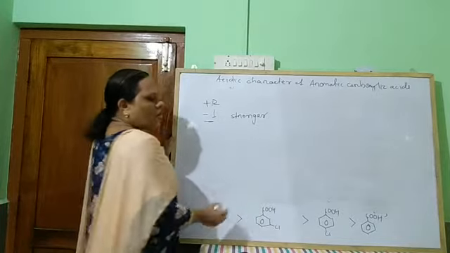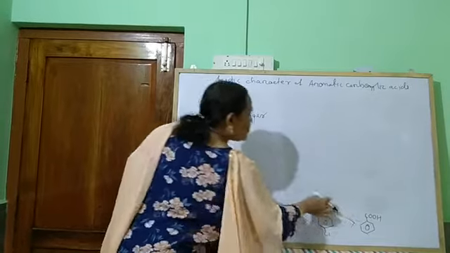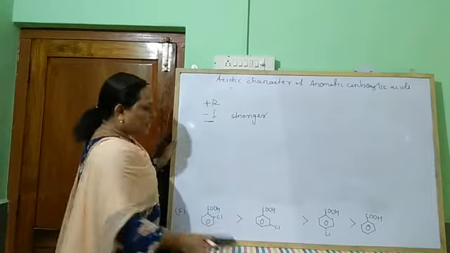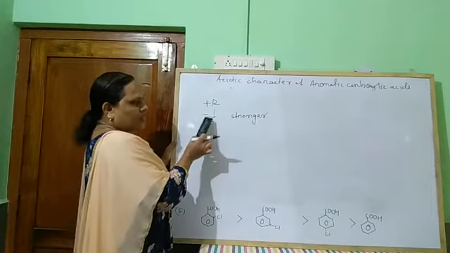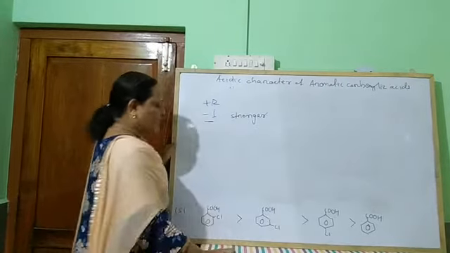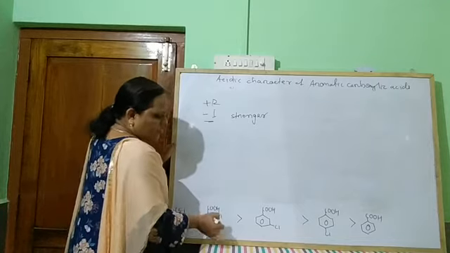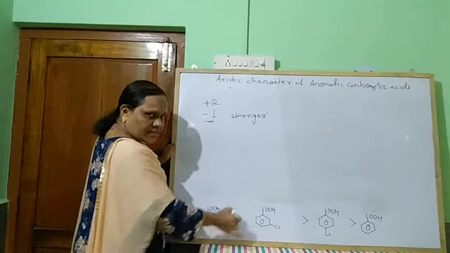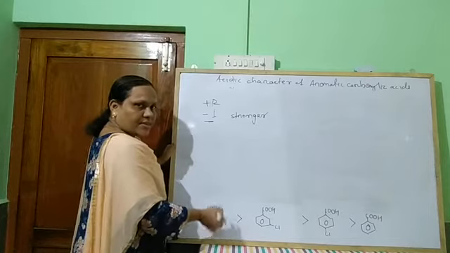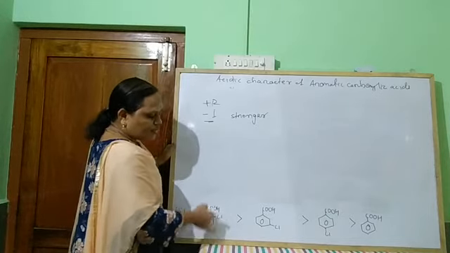In this, all chlorobenzoic acids are stronger acid as compared to benzoic acid due to the presence of minus I effect. And another thing, due to ortho effect, this chlorobenzoic acid is stronger. Whatever type of groups are present, this is due to ortho effect.